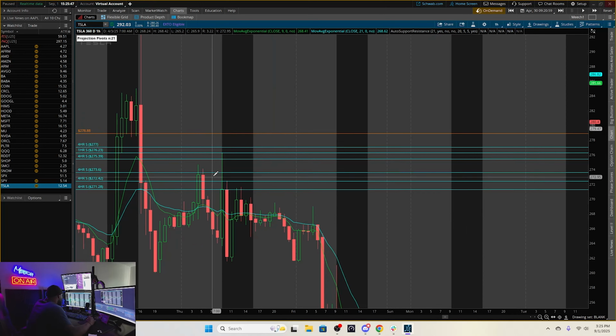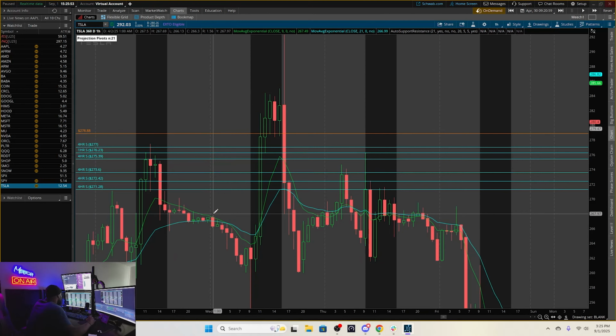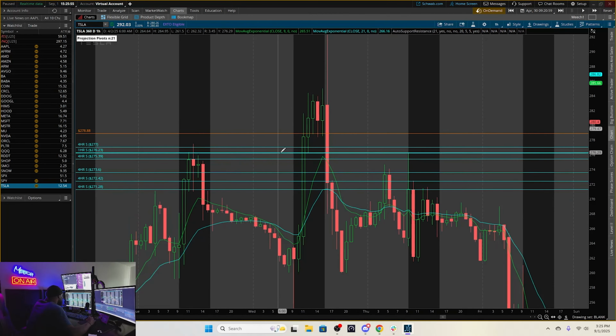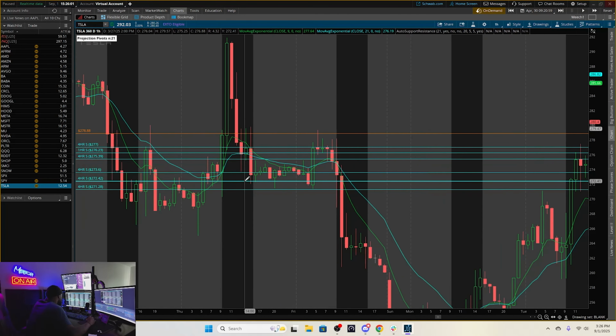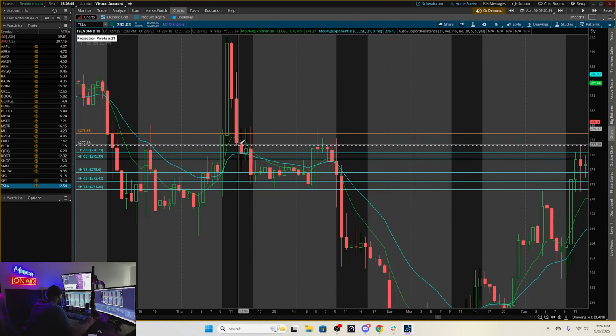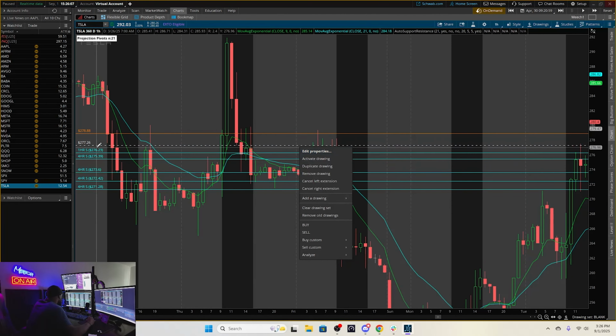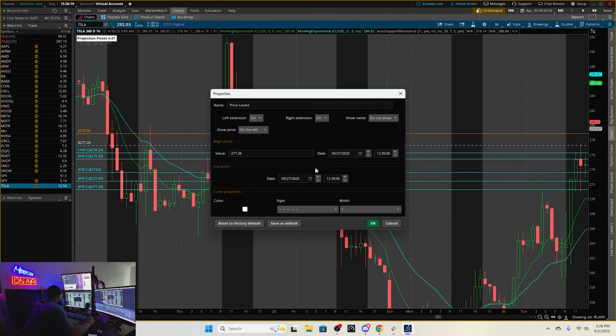It lines up with this resistance right here, 276.23. Let me see something. I like this one better. A little closer, gives this room, basically.